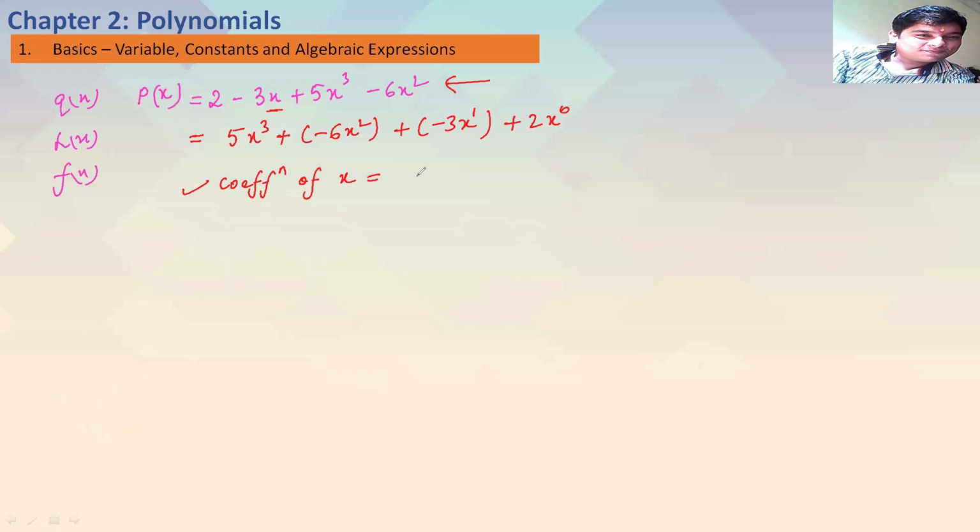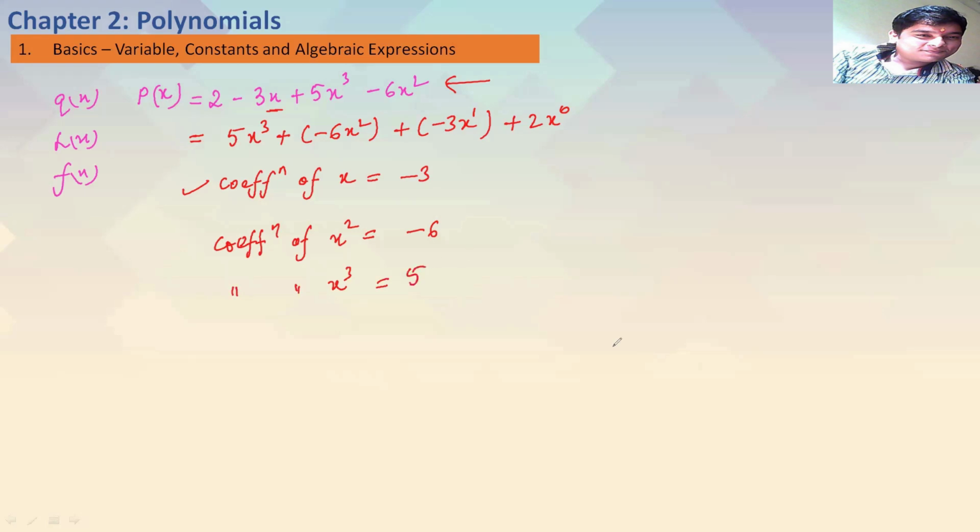Yes, so minus 3 will be the coefficient of x. What is the coefficient of x square? Minus 6. Very good. What is the coefficient of x cube? 5. Very good.